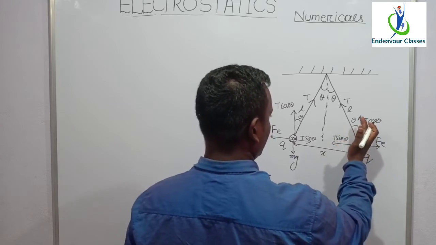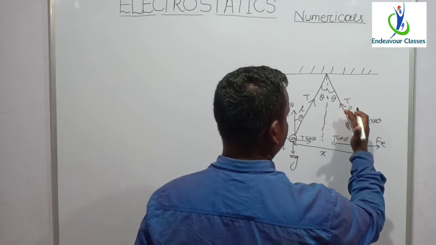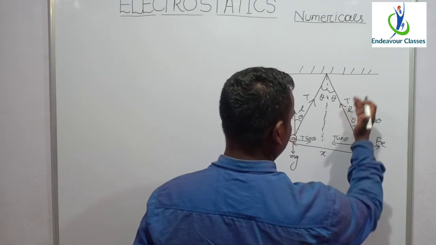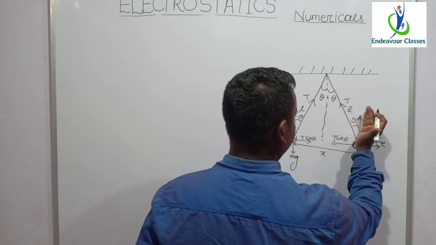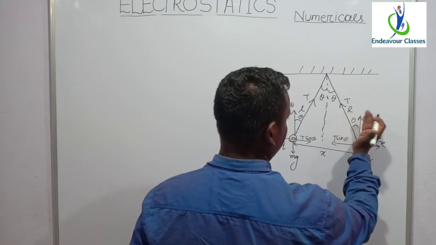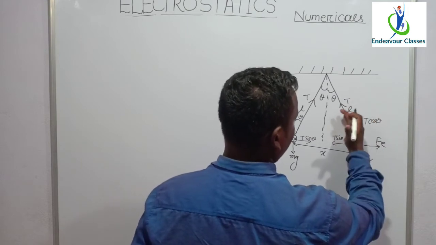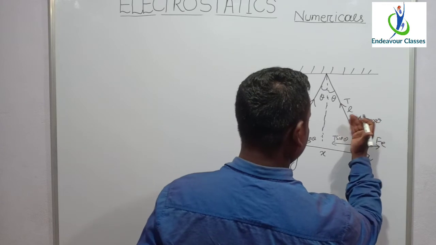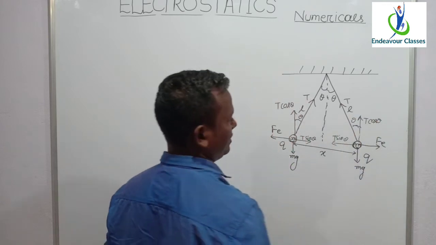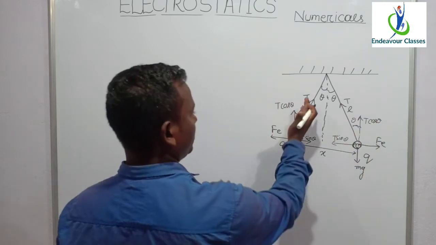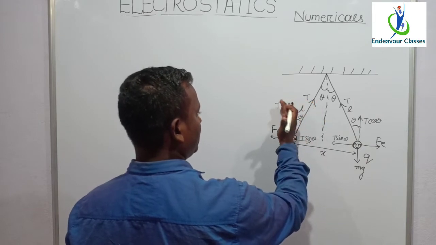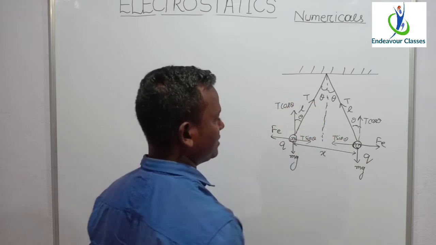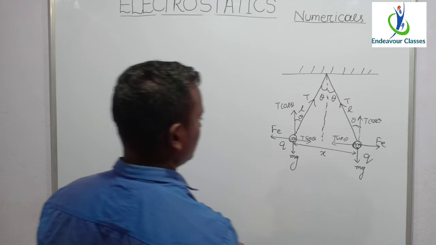Always remember, if theta is the angle made with the vertical by this string, then towards theta the component will be T cos theta, and against theta the component will be T sin theta. So here also it is T cos theta along the direction of theta, and in the opposite direction of theta this is T sin theta.